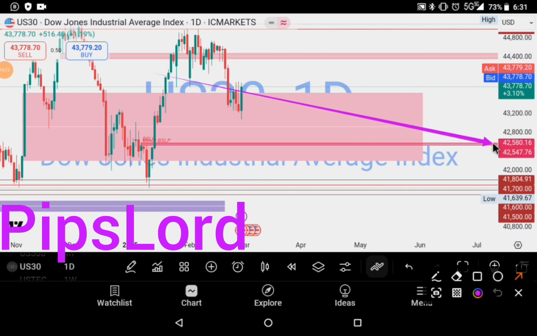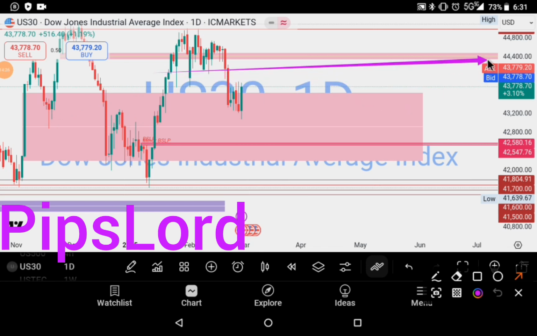If 42,580 should give way, then I'll be going for 42,000 downward. But presently, as long as the market price stays and remains above this, I'll be going back into 44,000 or thereabouts.